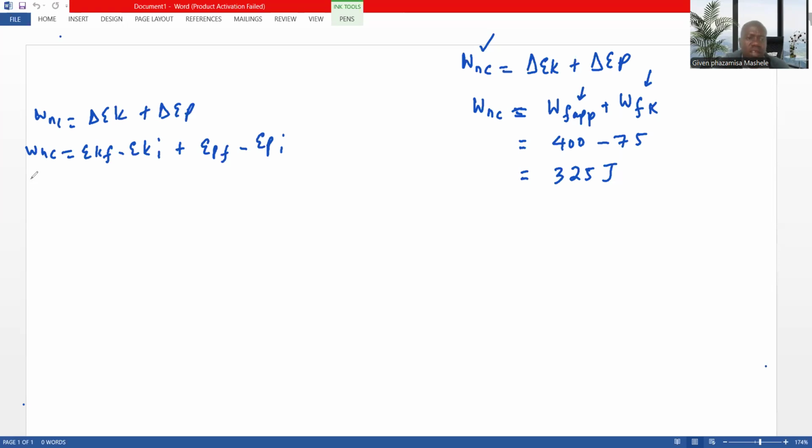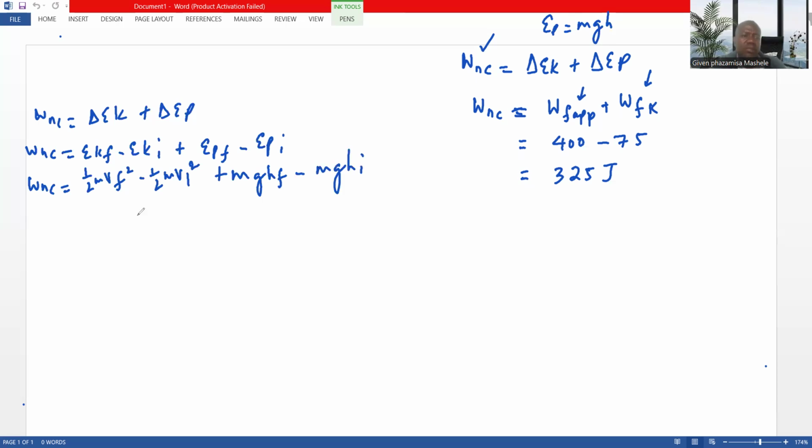So let's work this out. Kinetic is half m v f squared minus half m v i squared. What is the formula for calculating potential energy? Potential is calculated using mass, gravitational acceleration, and height. So this will be mgh final minus mgh initial.